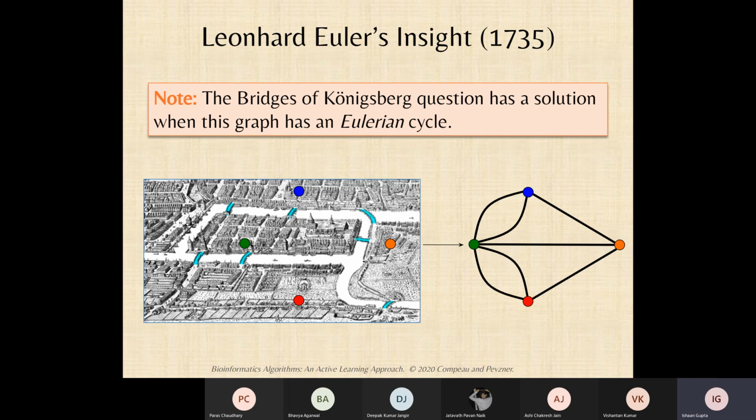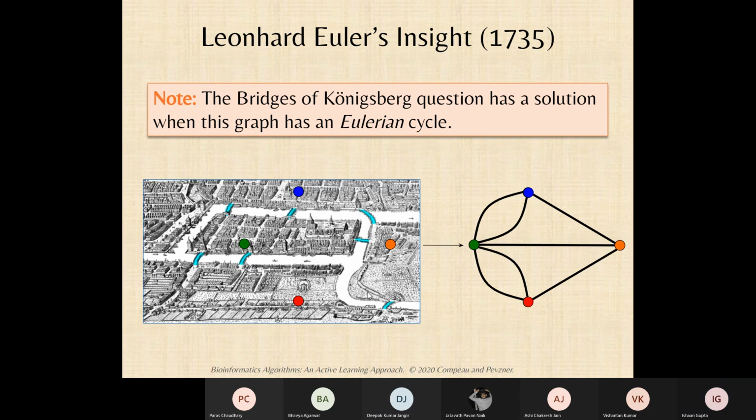Okay. But there are 7 bridges, right? So you don't have a Eulerian cycle? Is everybody getting to the same answer? Deepak? Yes, sir. 6 bridges. So we need to visit one bridge twice to go through each bridge.